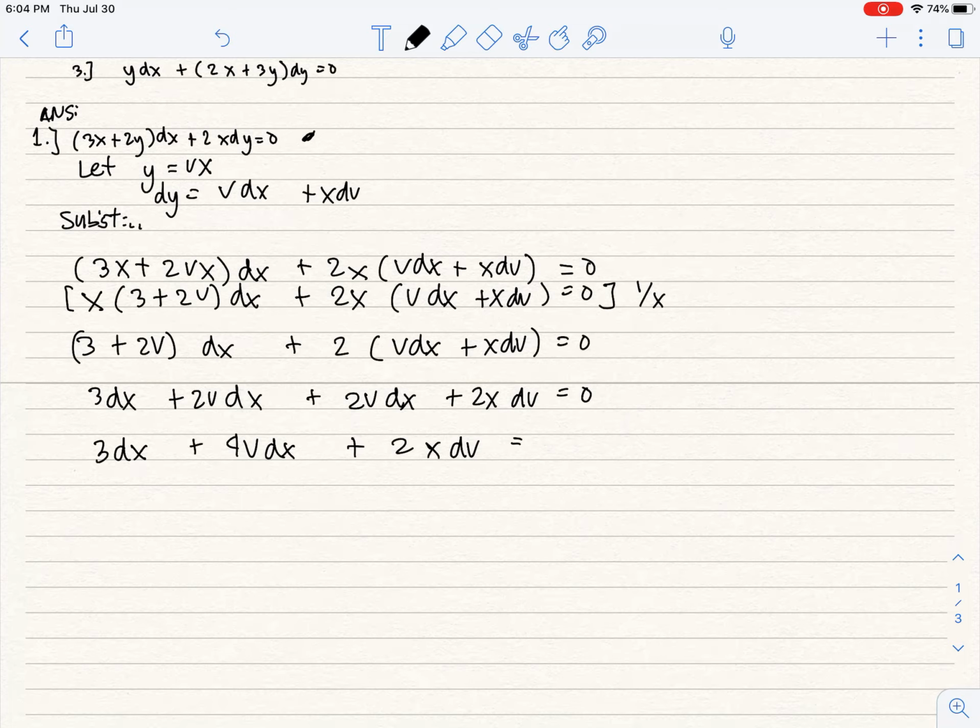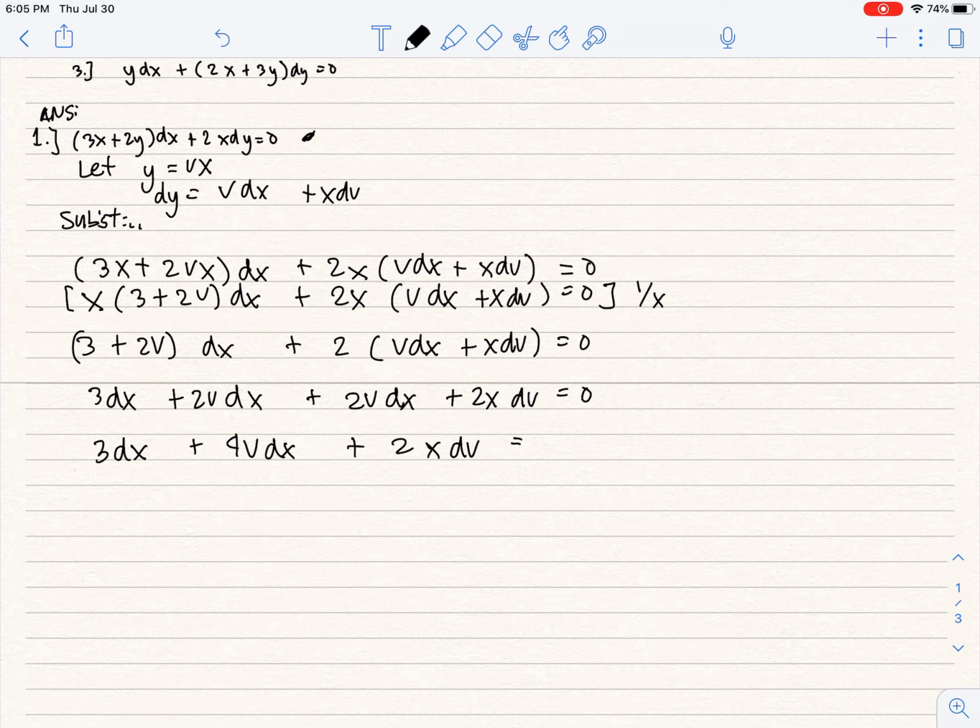Now remember, the whole kanina tanan process diri padulong dira kay ato ang ginahimo ang homogeneous DE into a variable separable DE para mas musayon ang equation, di ba? Kaya ato ra separate ang duha ka variables, then masolve na nato ang differential equation gamit ang mga basic na integration methods. Okay? So mo lang timan-an.